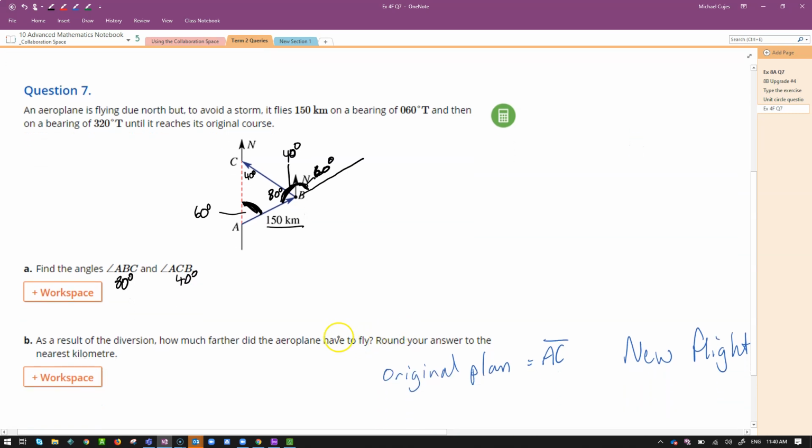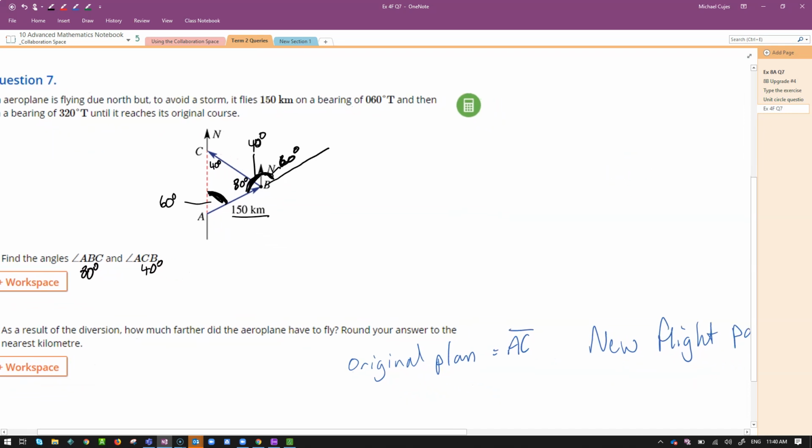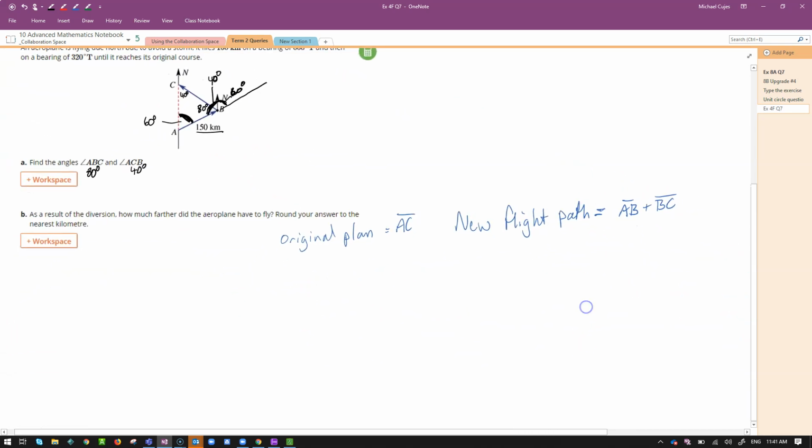So, how much farther did the aeroplane have to fly? It was going to fly just A to C, and instead it flew 150 kilometres A to B, and then some other distance from B to C. So the extra distance is going to be AB plus BC minus what they were originally going to fly, which was AC.